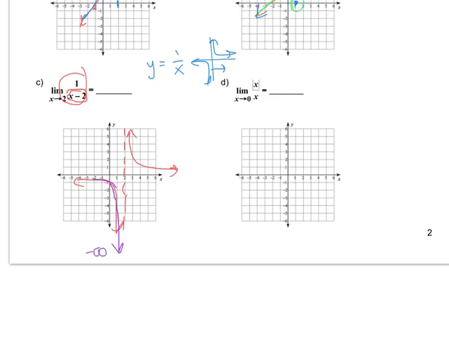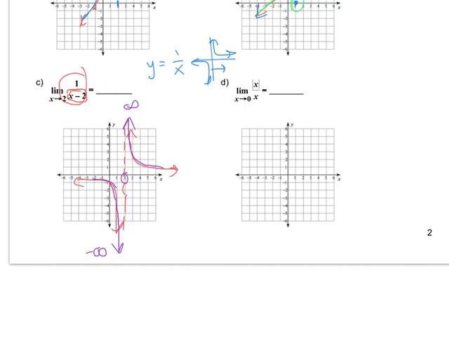And if we look at as x approaches 2 from the right, what's our function doing? It's getting closer and closer to positive infinity. So there is no specific value that our function is getting arbitrarily close to as x approaches 2. So in this case, this limit does not exist.